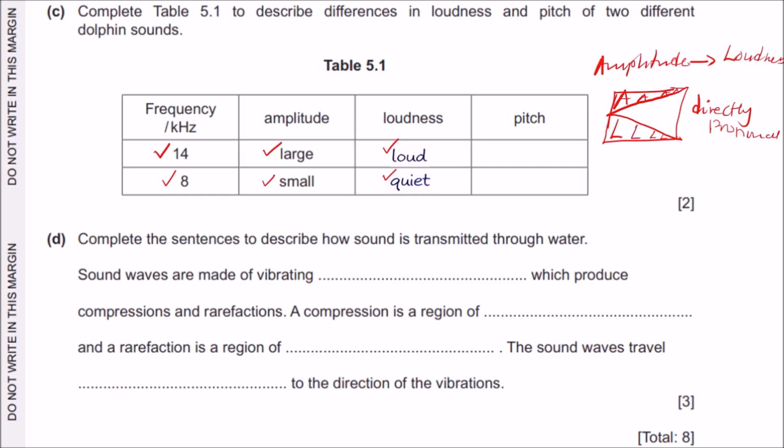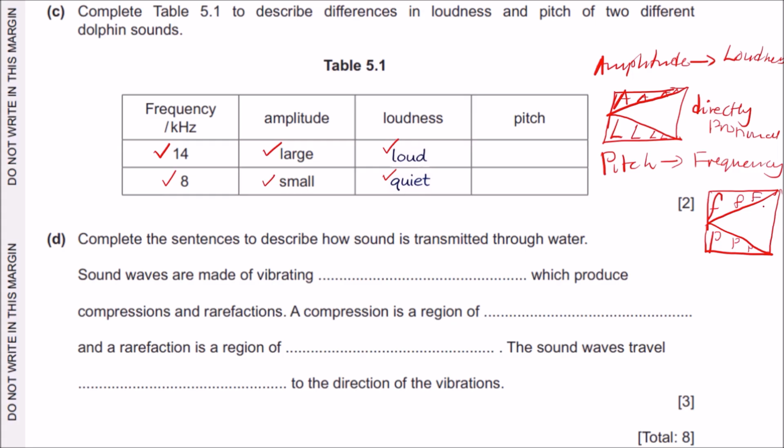Then the next thing is to deal with pitch. Pitch of sound is its frequency. So we need to understand the relationship between pitch and frequency. They are also directly proportional. As F for frequency gets smaller, P for pitch also gets smaller.